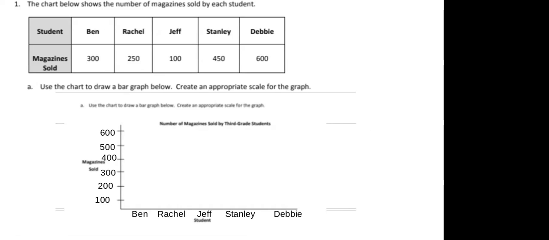Your next job is going to be making a bar graph. So you're going to look at Ben, and you're going to draw Ben a bar up to the number 300. Okay, so that gives you an example of what you're going to do. Please pause the video and go ahead and do Rachel, Jeff, Stanley, and Debbie.